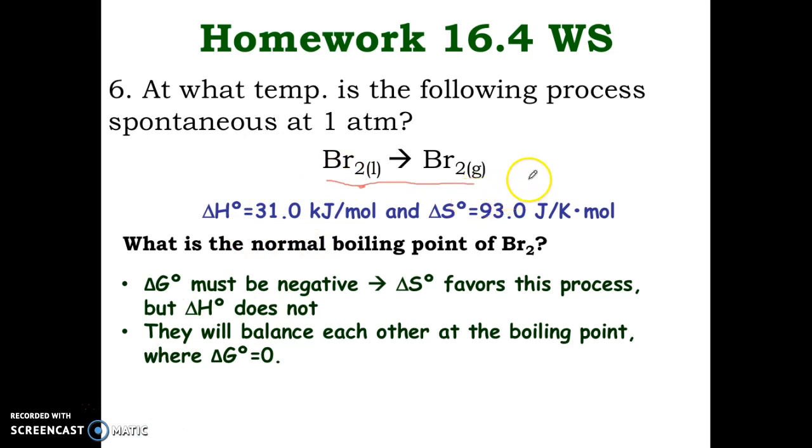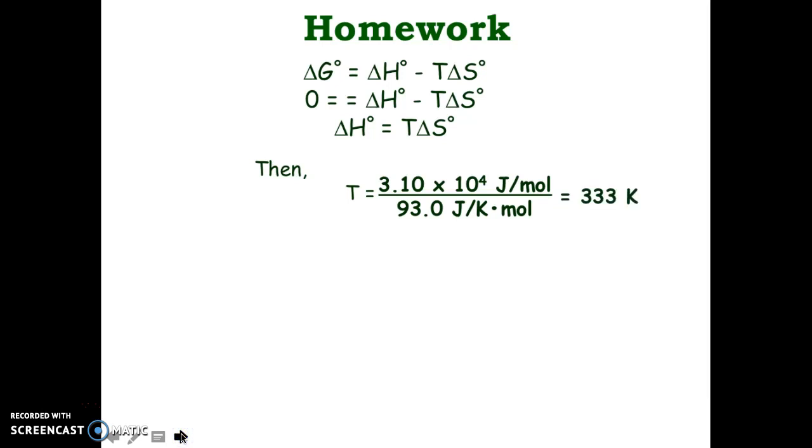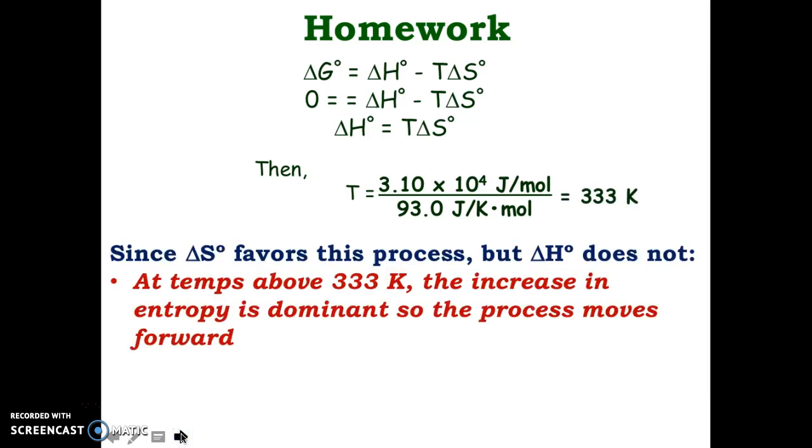Well, because delta S favors a reaction and delta H does not, I want high temperatures. So anything above that temperature, 333, is going to favor a spontaneous reaction. At temps above 333, the increase in entropy dominates this process and the reaction moves forward and is spontaneous.